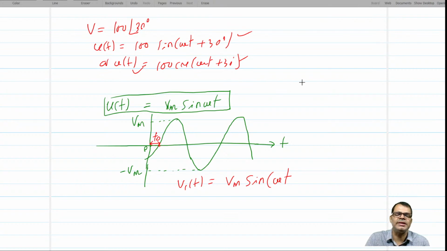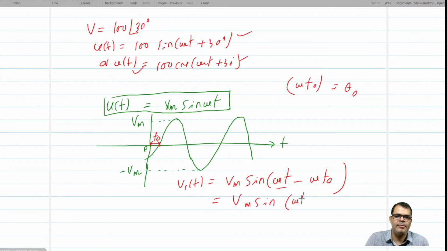How do we convert it to degrees, radians or an angle? Since omega t is in radians, you multiply omega with t0, which gives theta 0. So minus omega t0, and finally Vm sin omega t minus theta 0.